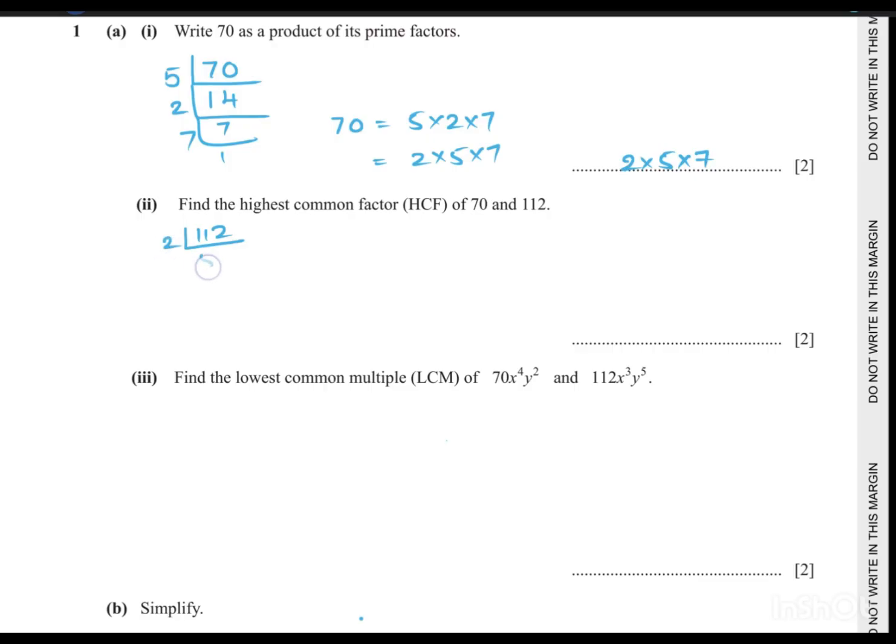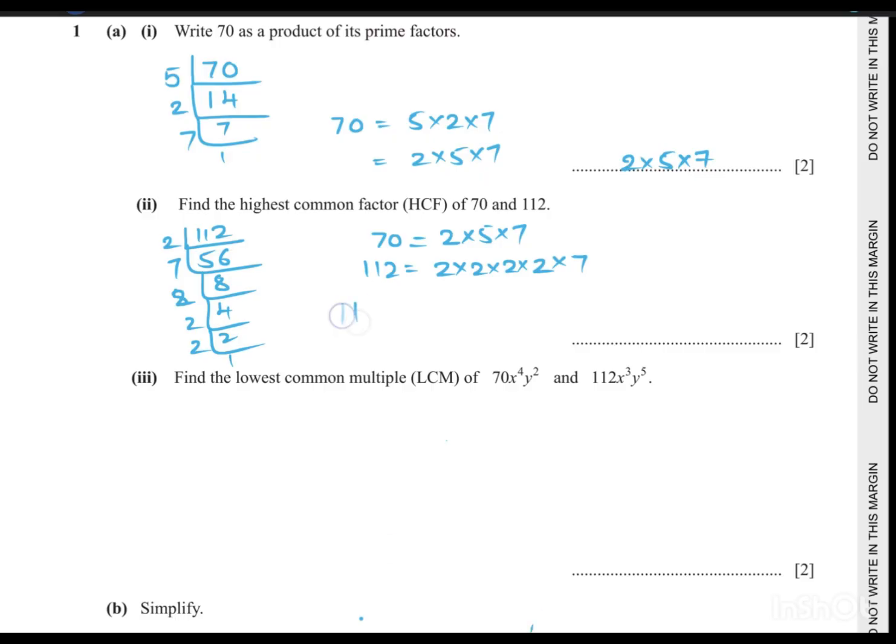The prime factorization of 70 is 2 into 5 into 7, and 112 is 2 into 2 into 2 into 2 into 7, that is 4 twos and 7.